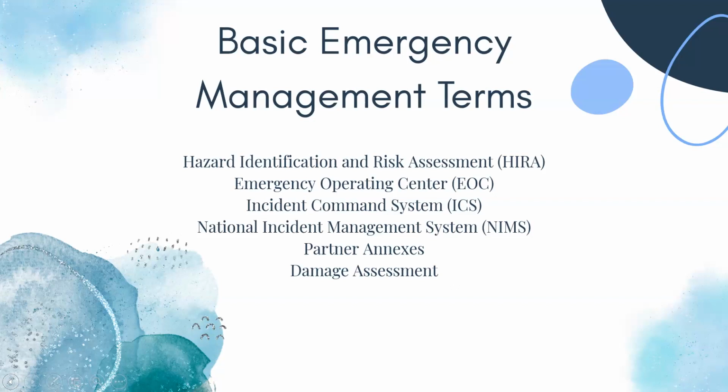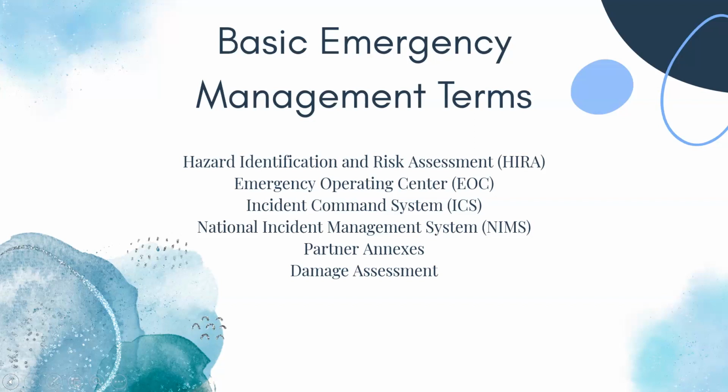Then there's the incident command system. This system is used by public agencies to manage emergencies. An ICS can be used by businesses to work together with public agencies during emergencies. This is just a term to be familiar with, not necessarily something you have to have on your own, but when you're working with these other agencies and community partners, being aware of these terms is a really good thing.